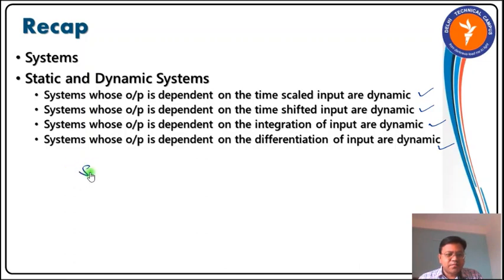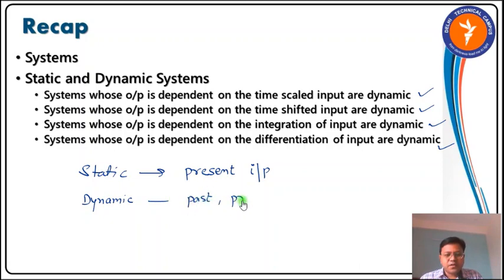A static system depends only on the present input, whereas a dynamic system depends upon the past, present, as well as future inputs.